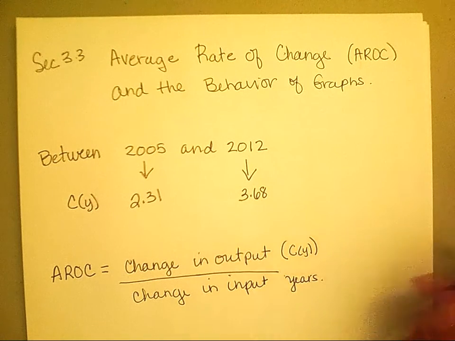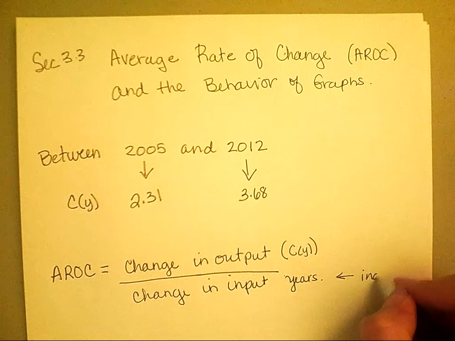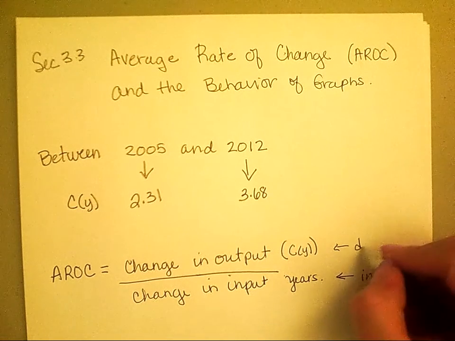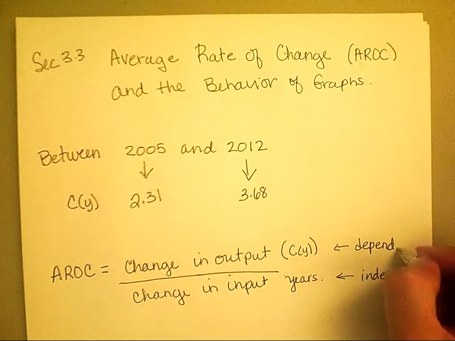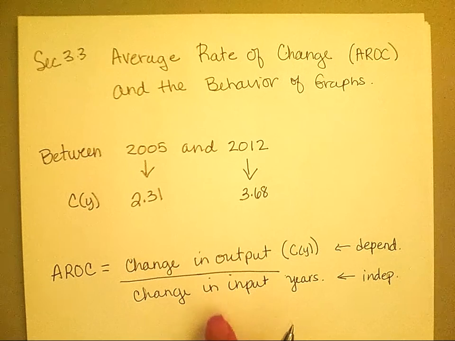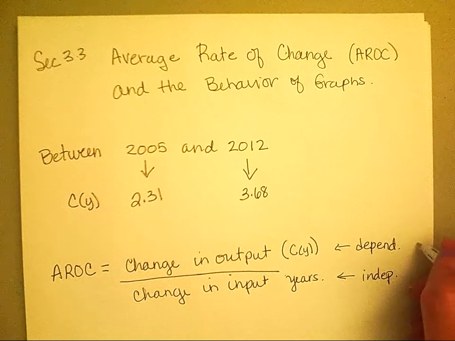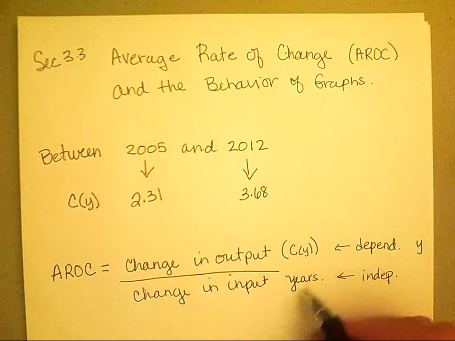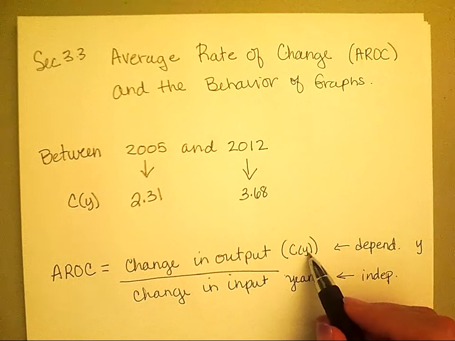So time is always your independent variable. Remember, outputs are known as dependent variables. Dependent variables usually are denoted by y. In this case, we have this as a C of y, meaning years.